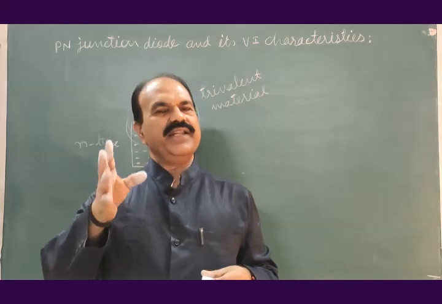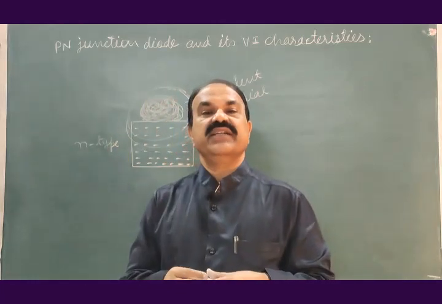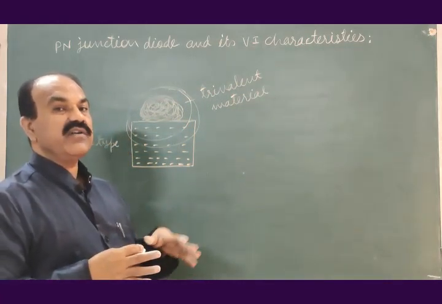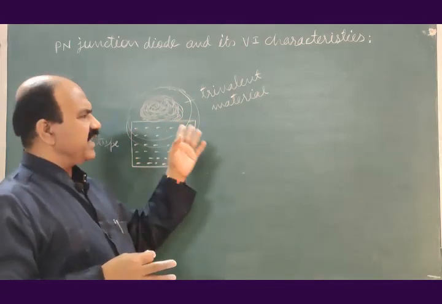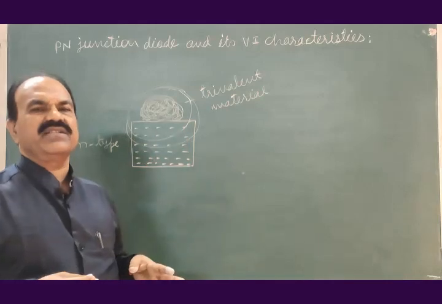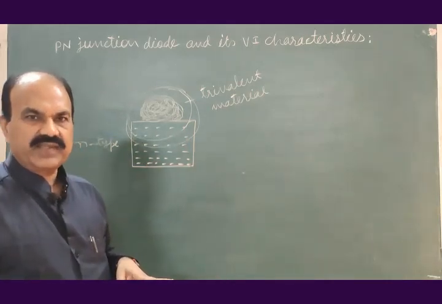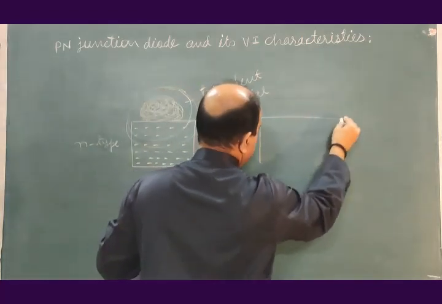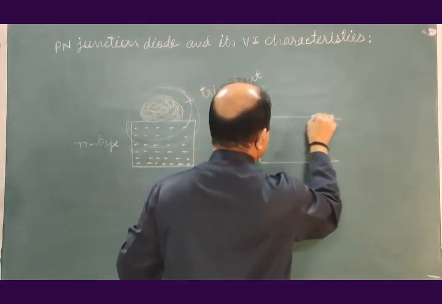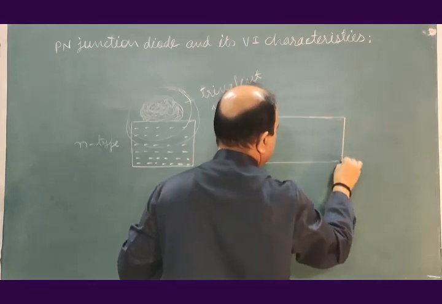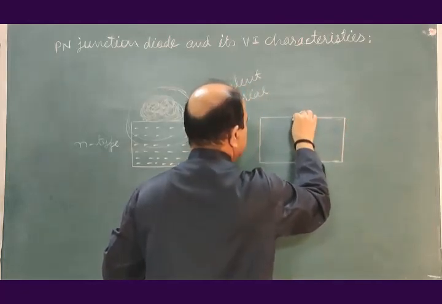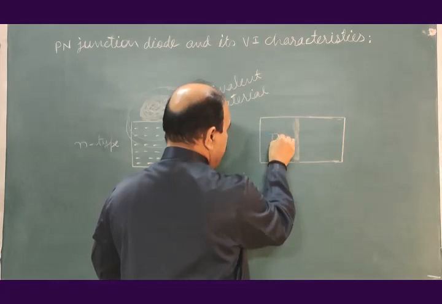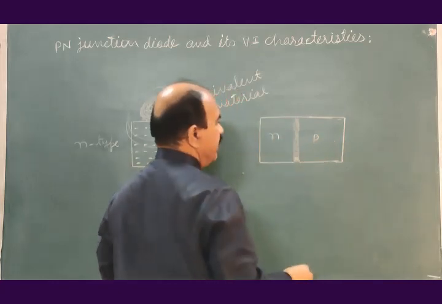As the cooling is allowed of the melted material, there will be a readjustment of the atoms of gallium, any trivalent impurity material, and the N type of semiconductor material. After cooling, they readjust so that this will be the N type of material, this will be the P type of material.